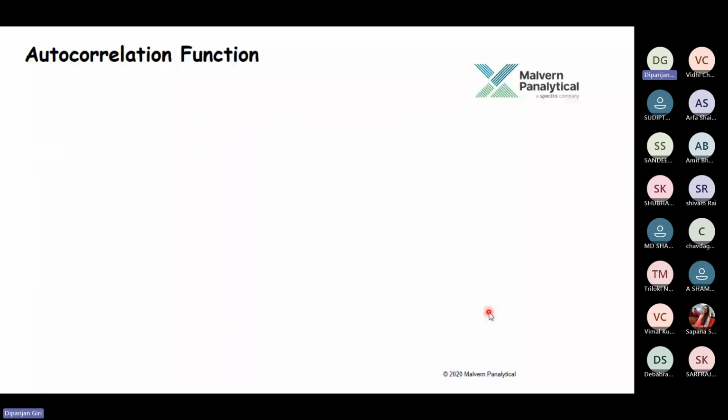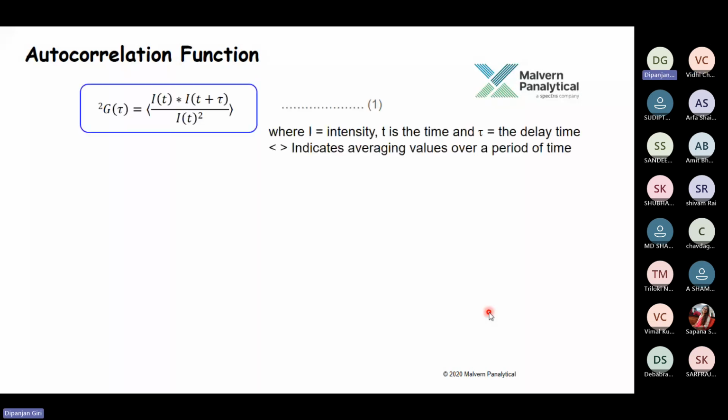As I said, the autocorrelation function is required, so we'll derive it first. This function is defined as a second order correlation function, which is given here in equation 1. And this bracket indicates the averaging value over a period of time.